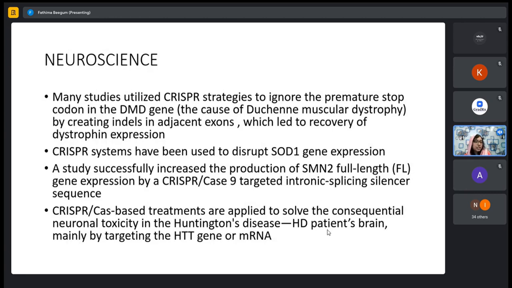Then another is SMN2. SMN2 is actually survival motor neuron, expressed in case of muscular atrophy and all. So by editing that particular gene which codes for this protein, it's possible to treat the particular disorder. And also for Huntington's disease, studies are going on.